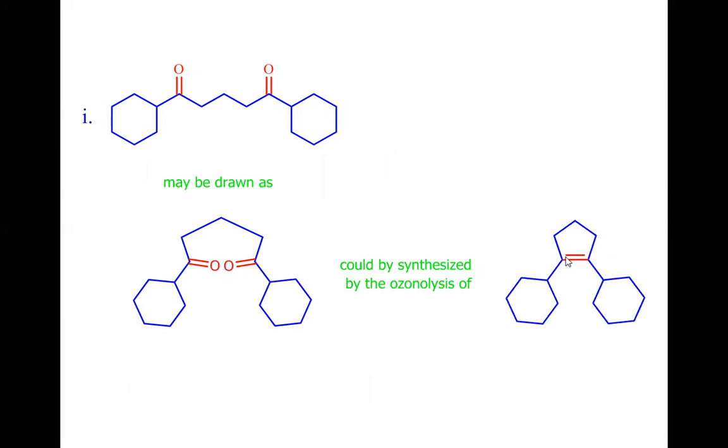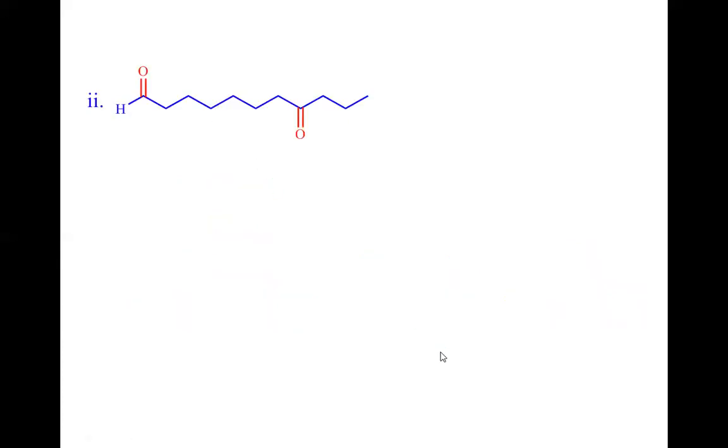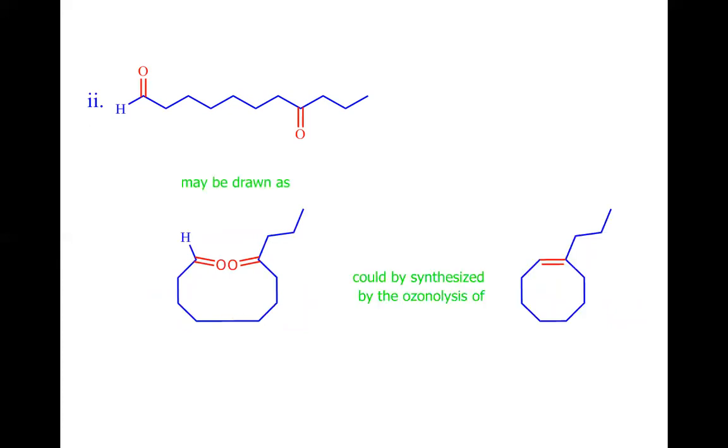So this alkene must be there to have this ozonolyzed product. For the second case, again let's bring the two carbonyls together in closer proximity to have a better look at the alkene that should be used as the starting material.